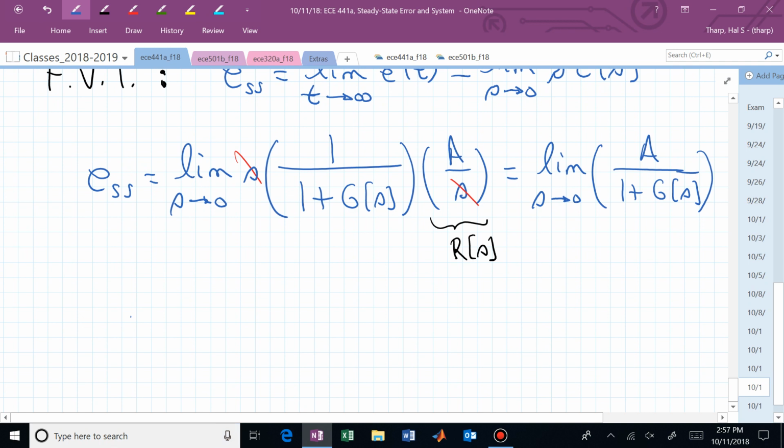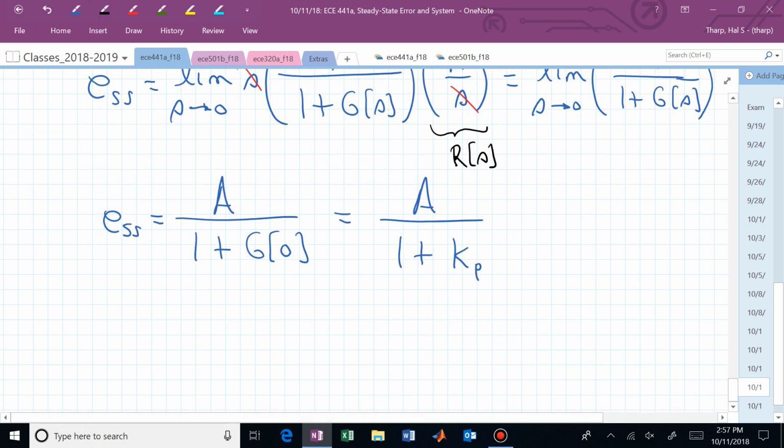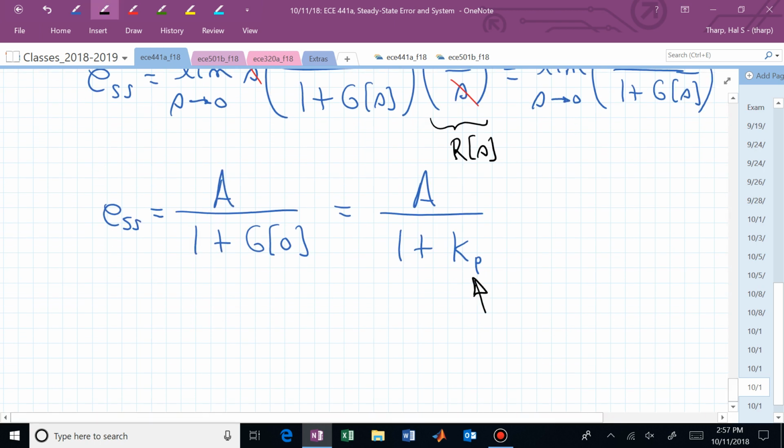Doing that, we now see that we have A over 1 plus G of 0, and in fact we are going to go ahead and call that G of 0 k sub p. We're going to give that its own descriptor or identifier, and we're going to call that k sub p the position error constant.